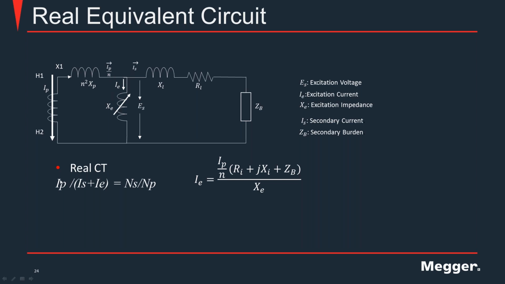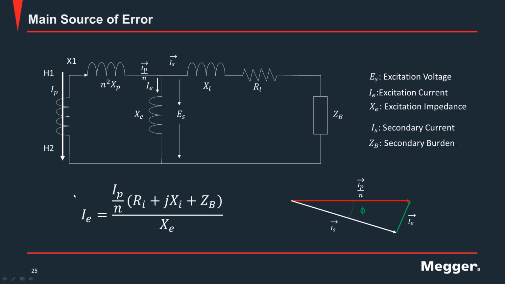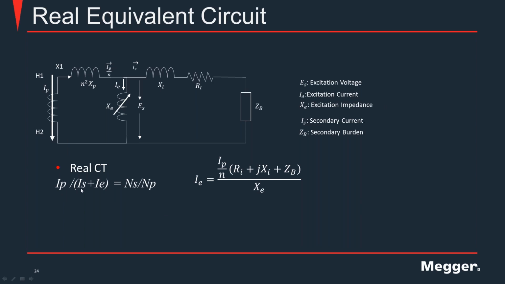So the ratio will be the rated primary current divided by the secondary current plus the error, which constitutes the excitation current, equivalent to the number of turns on the secondary divided by the number of turns on the primary.